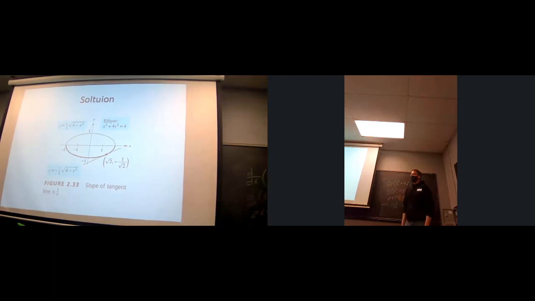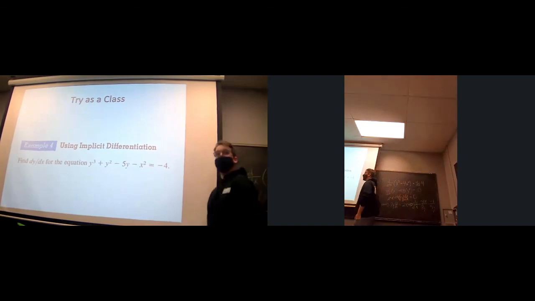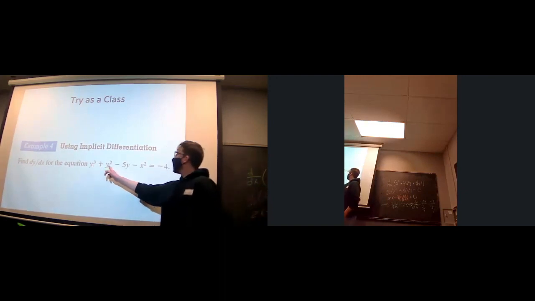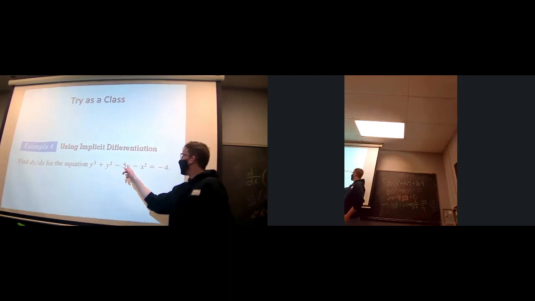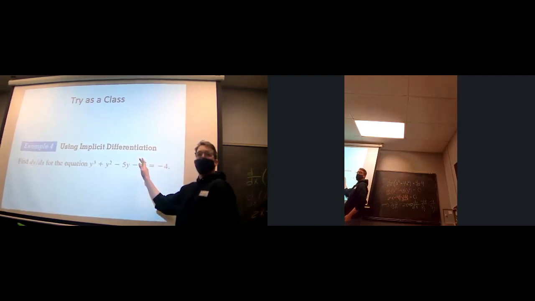This is what I mean about it being strange, because it does take some time to get used to. All right. This is a beast. That's what it looks like, right? But notice here, you're going to get a dy dx. Here, you're going to get a dy dx. Here, you're going to get a dy dx. So you're going to be able to factor out a dy dx wherever you go, right?